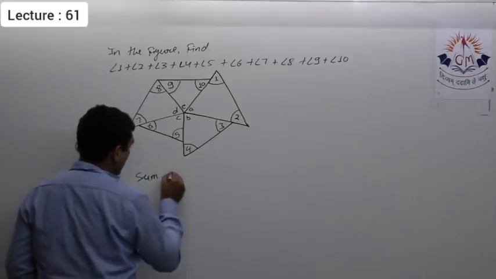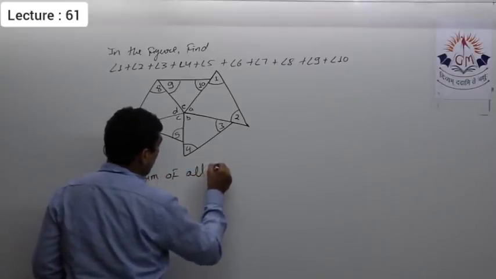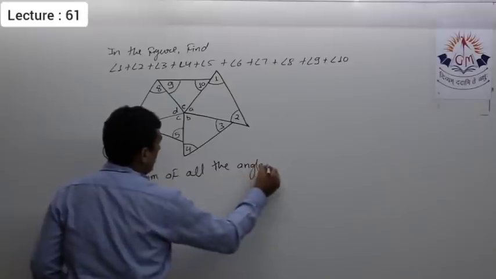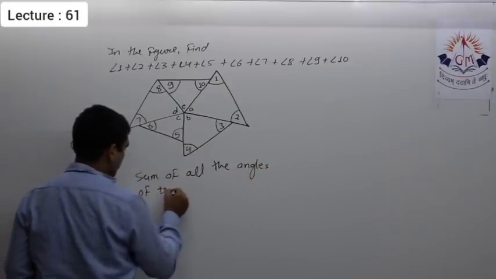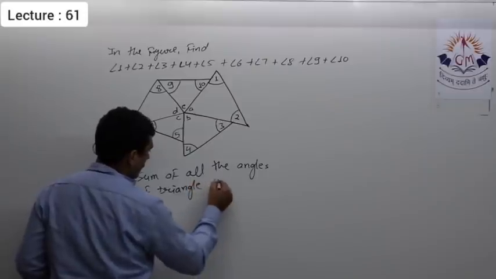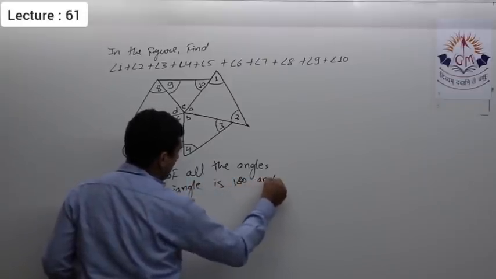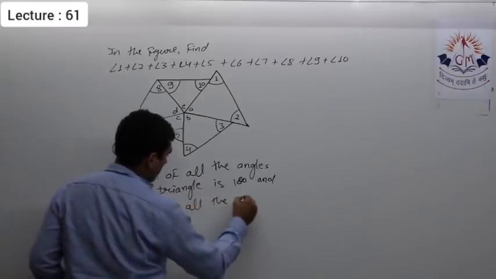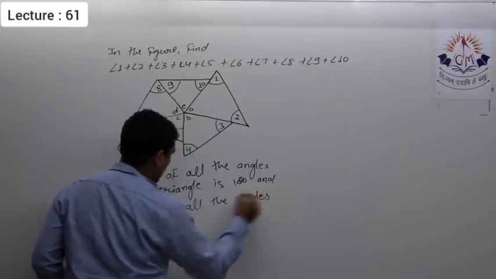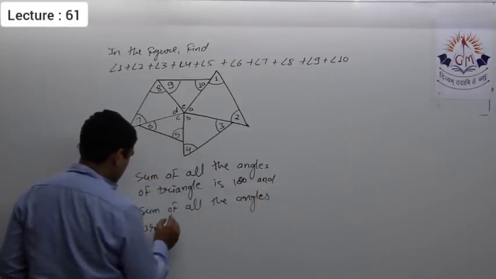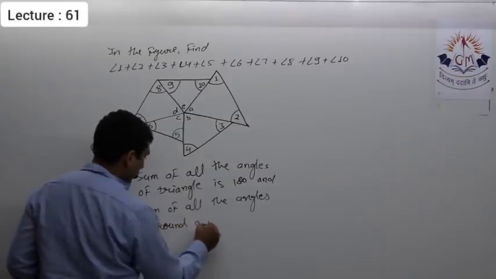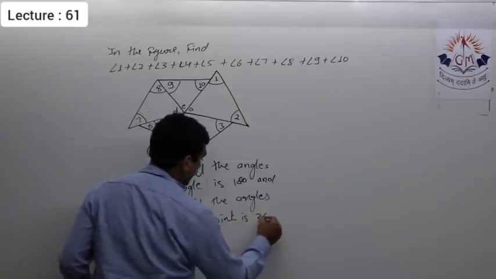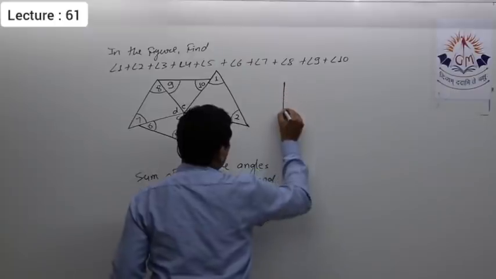Sum of all the angles of a triangle is 180 degree, and sum of all the angles around a point is 360 degree.